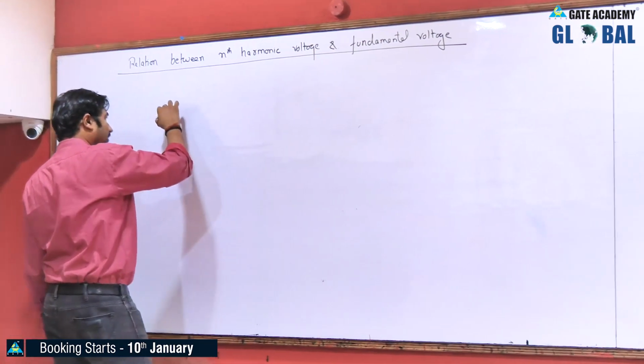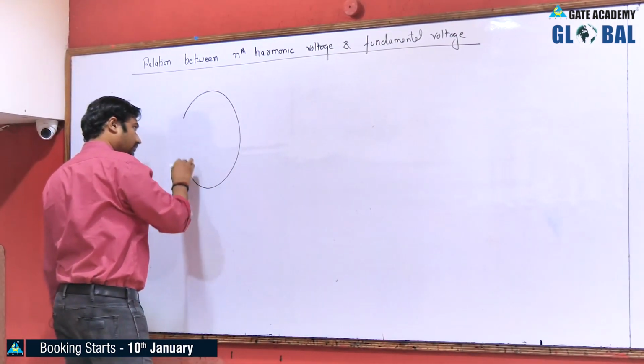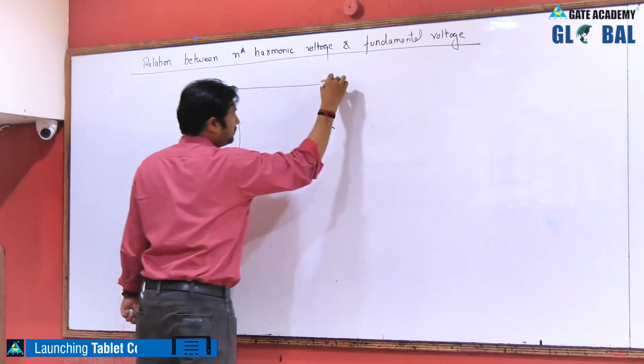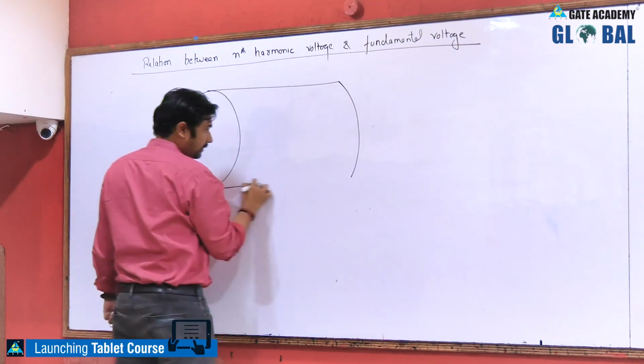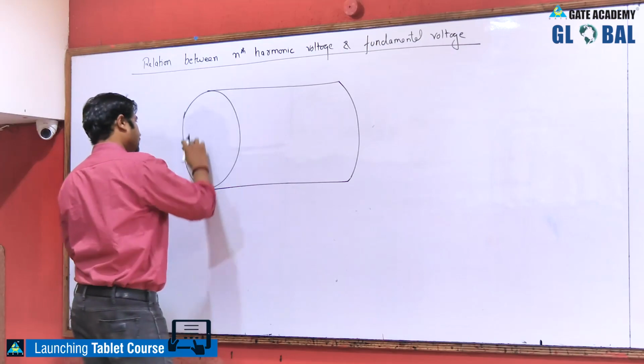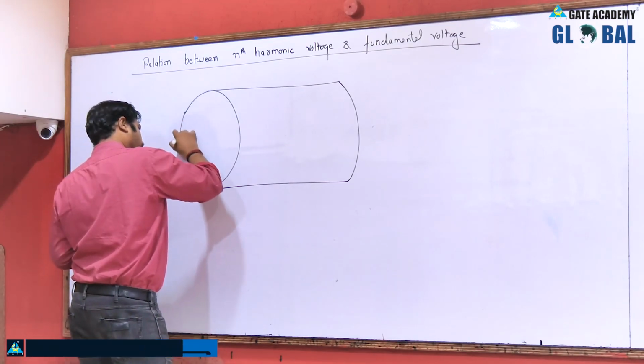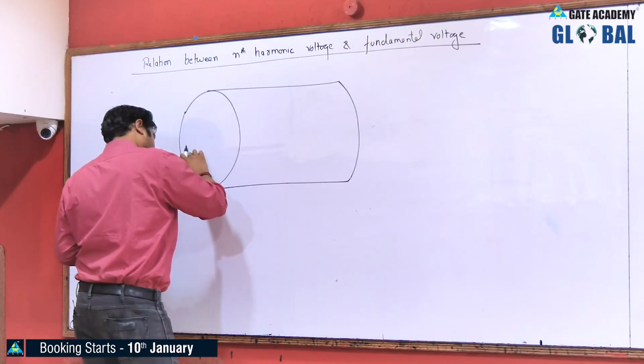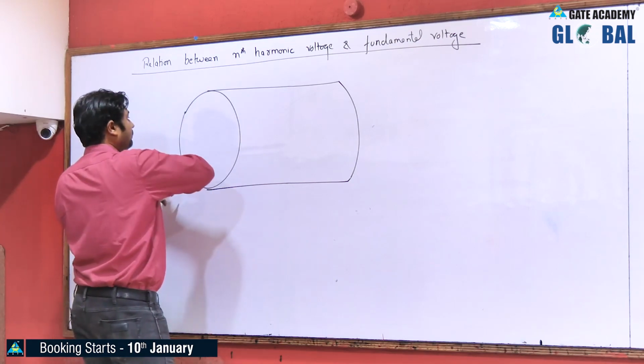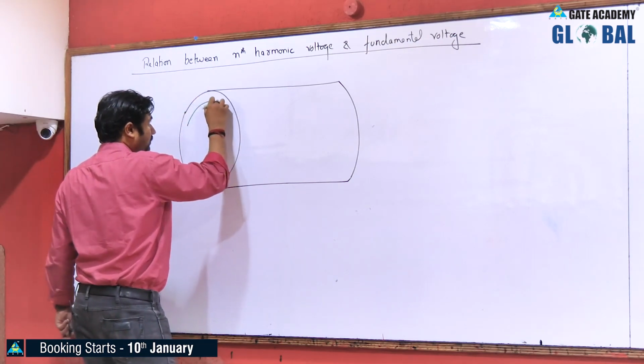Let us assume we have a stator. Here I am representing this to be the stator, and in this stator a rotor is placed which carries DC.